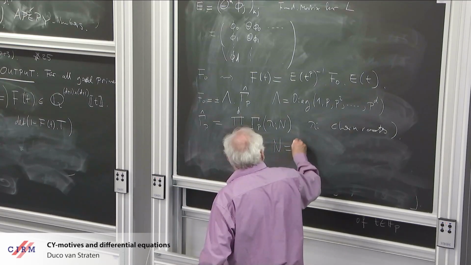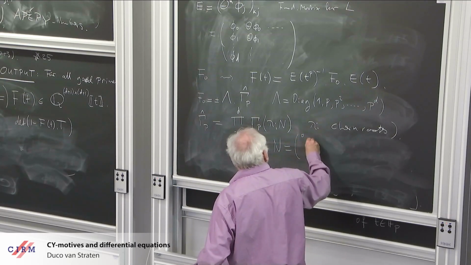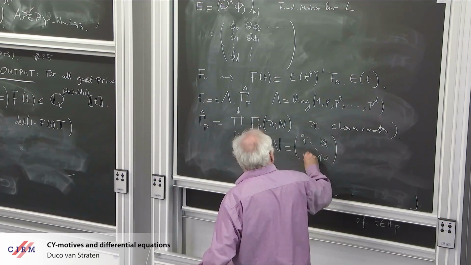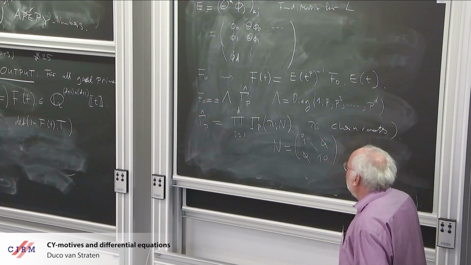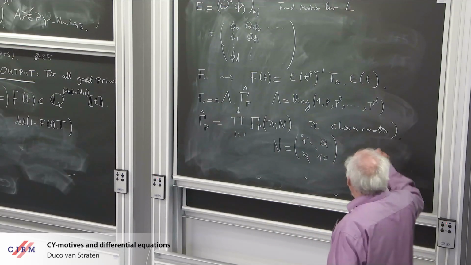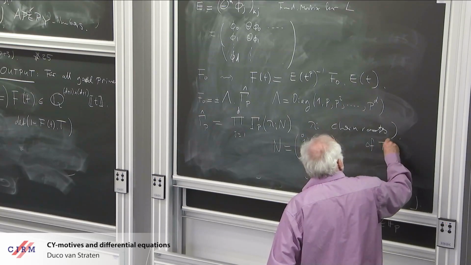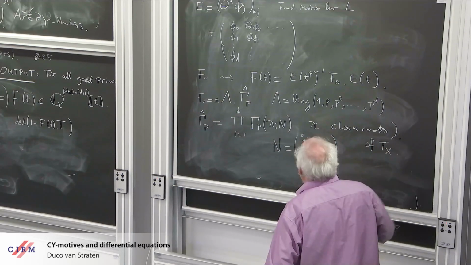This is a nilpotent element, so this is the Jordan block, of the tangent bundle of X.